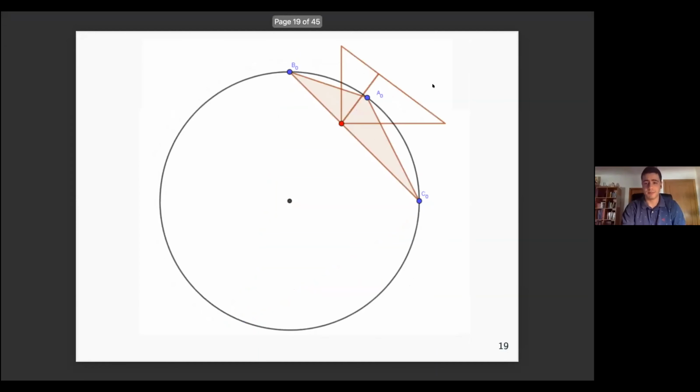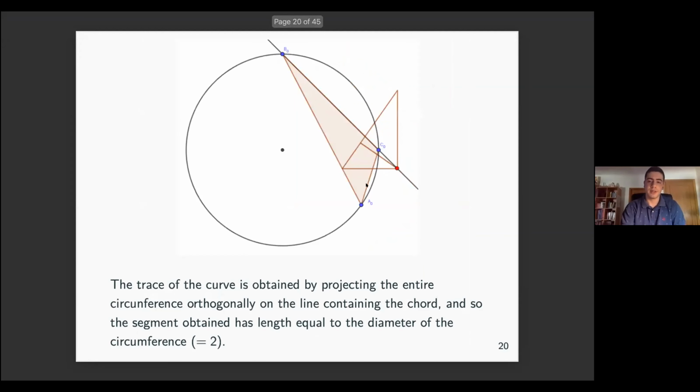So here is an example. Here's another one. And here's one that shows that the right angle may not be at the chord, but it's always in the line that contains the chord. And so the limit point will be located exactly at this right angle.